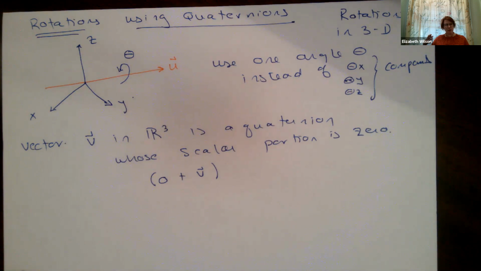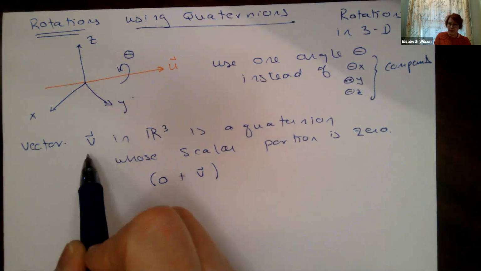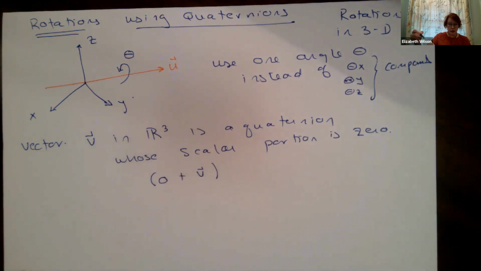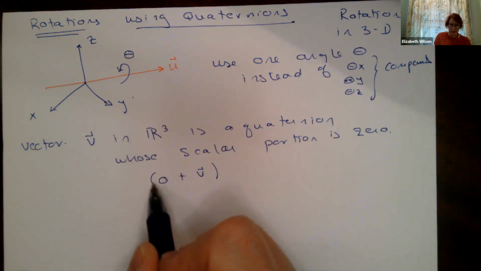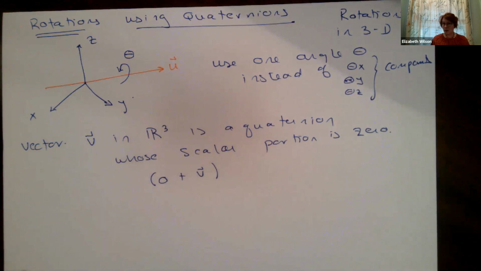I'm adding that 4th dimension so I can do my quaternion stuff. My vector V is a 3-dimensional vector, has an X, Y, and a Z component. And now I'm adding this scalar portion, but I'm adding a 0. So we're putting it into the quaternion shape, but we're not putting anything there, right? But it's going to allow us to do stuff.